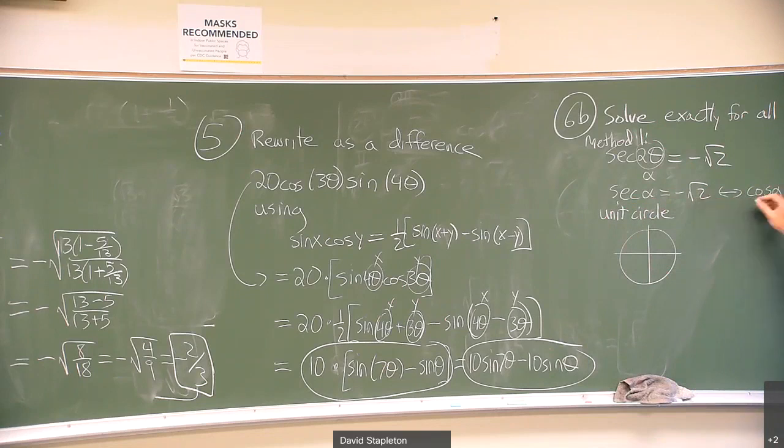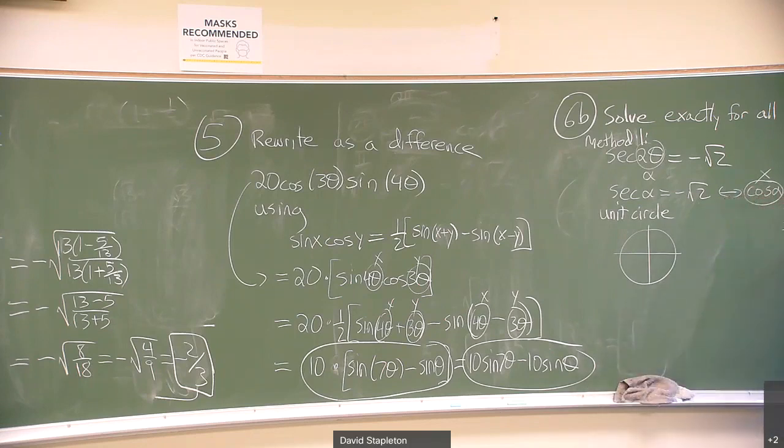Cosine, the reciprocal to the left, is minus 1 over square root 2, the reciprocal to the right. There it is. Moreover, if I'm clever, I might recognize 1 over square root 2 is also known as square root 2 over 2 by multiplying top and bottom by square root 2. And that looks like it came from a special angle. So I'm solving cosine alpha, which is the x coordinate of the unit circle, equal minus square root 2 over 2.